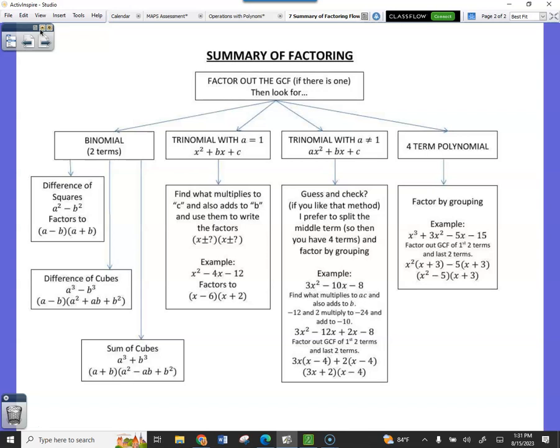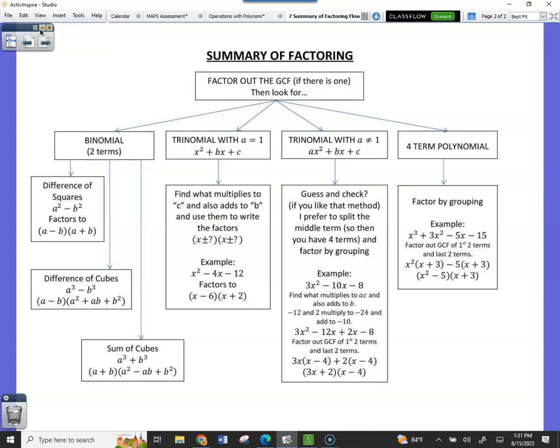Let me repeat that. Factoring quadratics or 4-term cubic polynomials. What did we just practice? 2-term perfect cubes, right? Sum or difference of cubes.